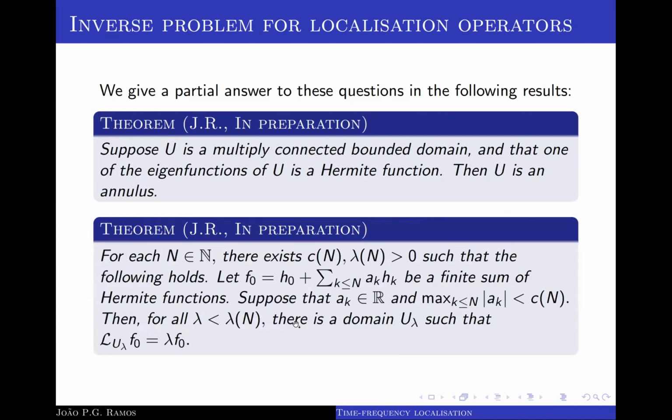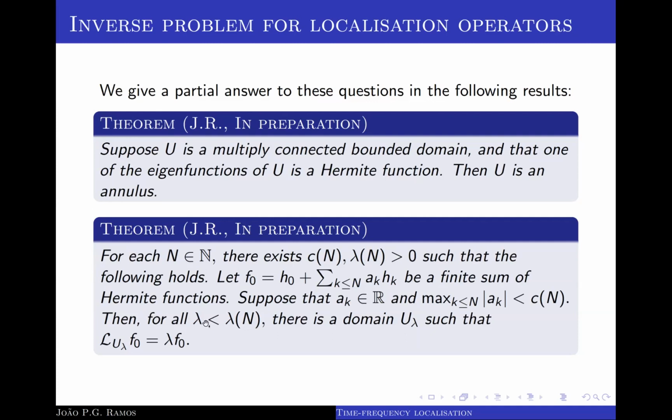So if you take a function that satisfies basically this technical condition, you don't even need to read it. It just says that H0 is the Gaussian, and f0 is H0 plus a perturbation, which is an allowed perturbation in terms of other Hermite functions. So it's a Gaussian plus some noise terms which are controlled well enough.